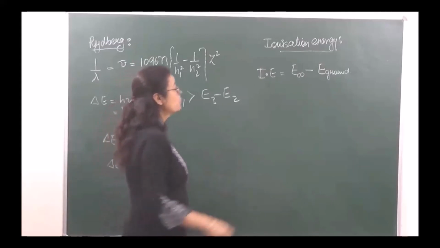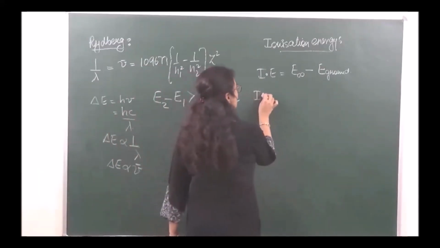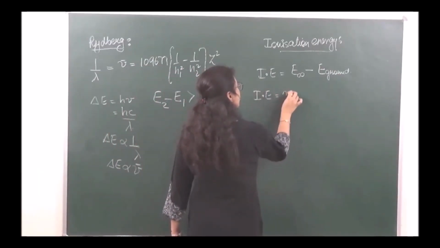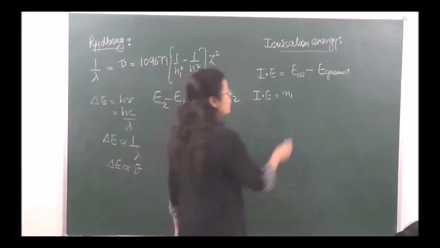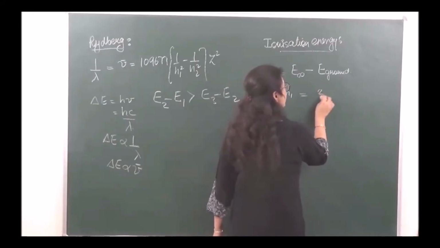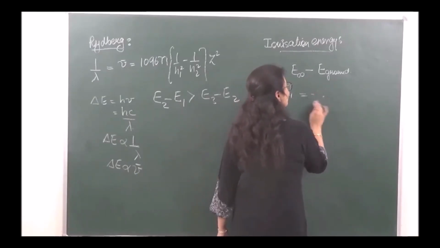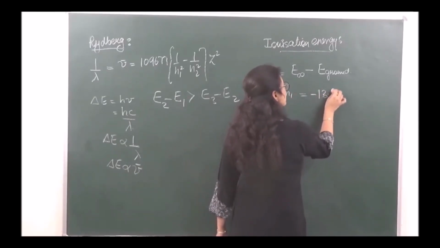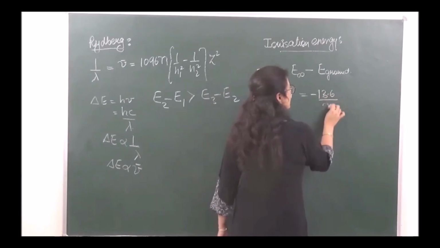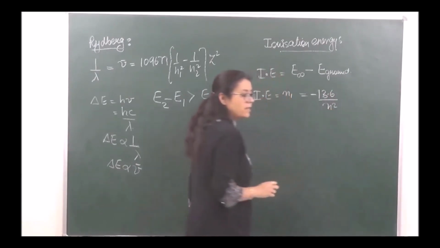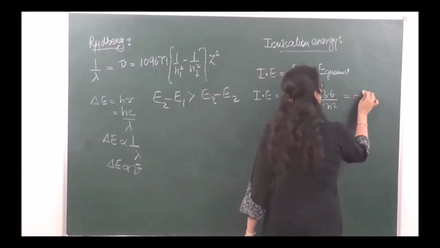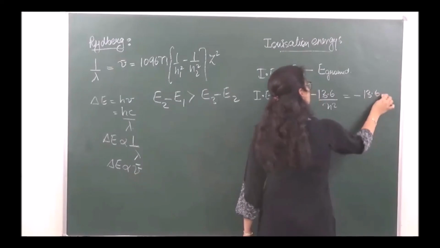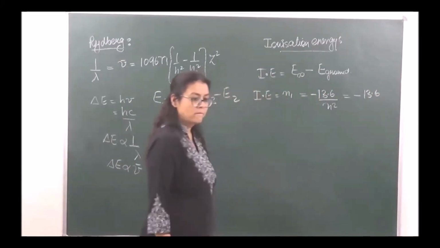Let's say we want to find out the ionization energy of the electron when it is in N1 state. And when it is in N1 state, let's calculate in electron volts per atom. It is equal to minus 13.6 upon N square into Z square. When this is for N1, that becomes equal to minus 13.6. Okay?